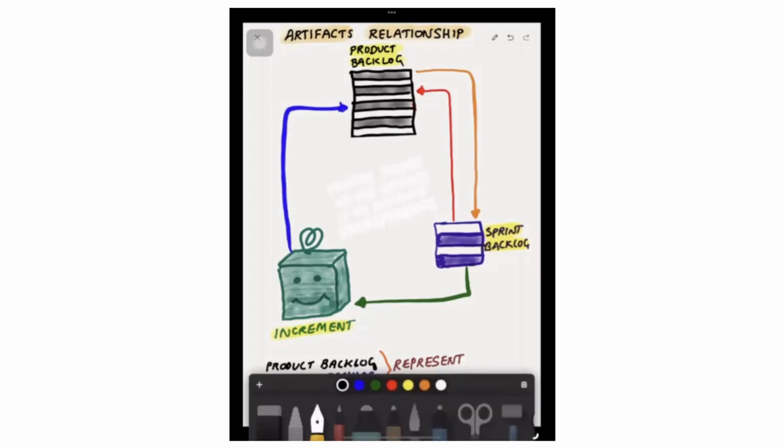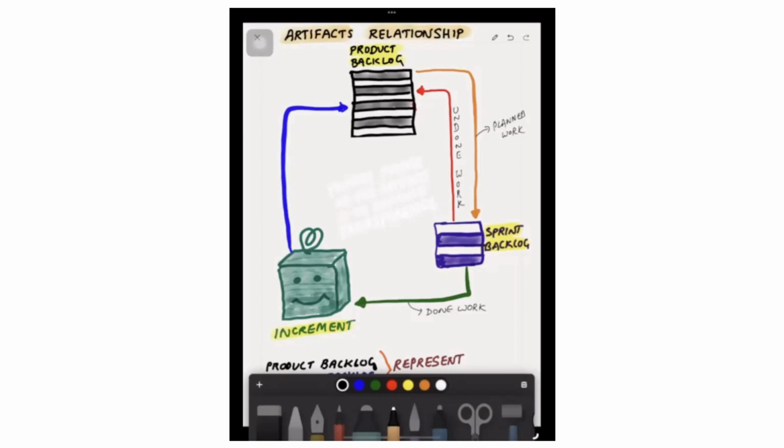That means you can consider the orange line as the planned work for the sprint. Green line is done work, which means meeting the definition of done. Red line is undone work, which means not satisfying the definition of done.